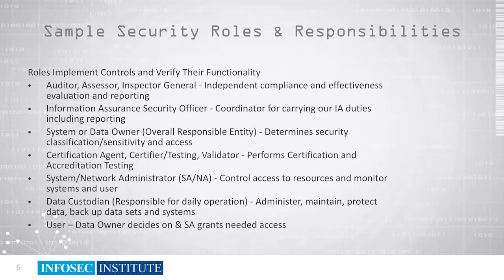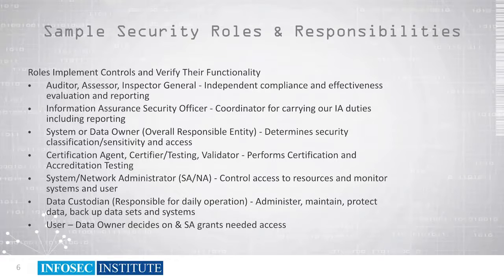Our system or data owner is the overall person responsible for determining the classification or sensitivity of data. And you want to remember for the CISSP exam that the data owner is responsible for classifying the data and is ultimately responsible for it.